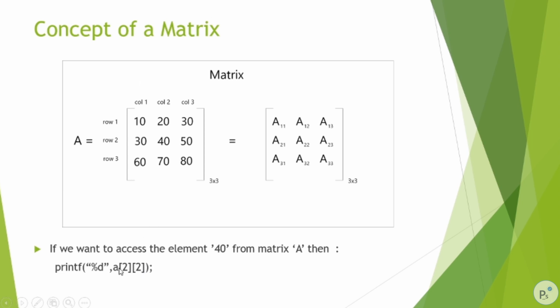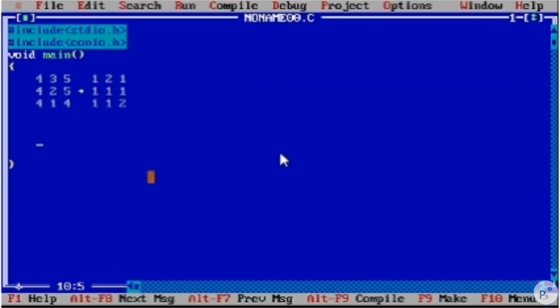When this is executed, at row 2 and column 2 we find the value 40, so this is printed here. I hope you got the idea about how matrices work in programming. So let's understand better by creating a program for adding two matrices.